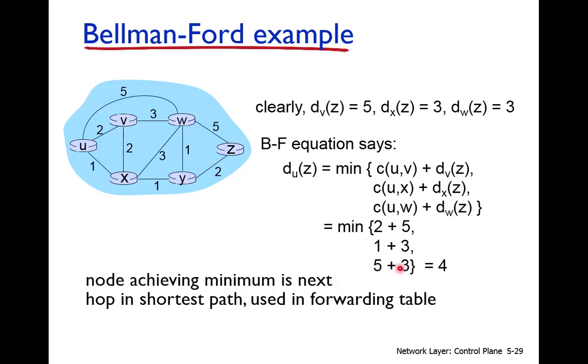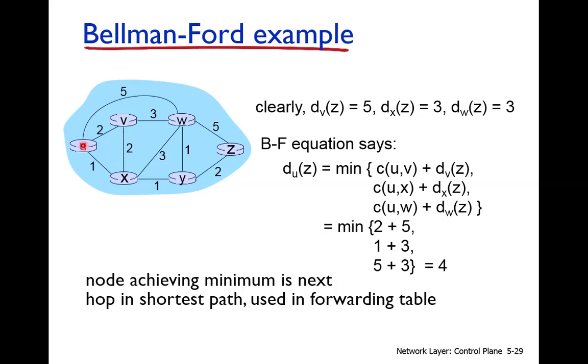So 5 plus 3, 8. Similarly, u will receive the complete table from x. If x has an entry in its table to z, the shortest path from x to z, and suppose this path is 3, dxz is 3. So if u considers the path through this neighbor to z, then u to x is 1, and x to z is 3. So 1 plus 3, 4.